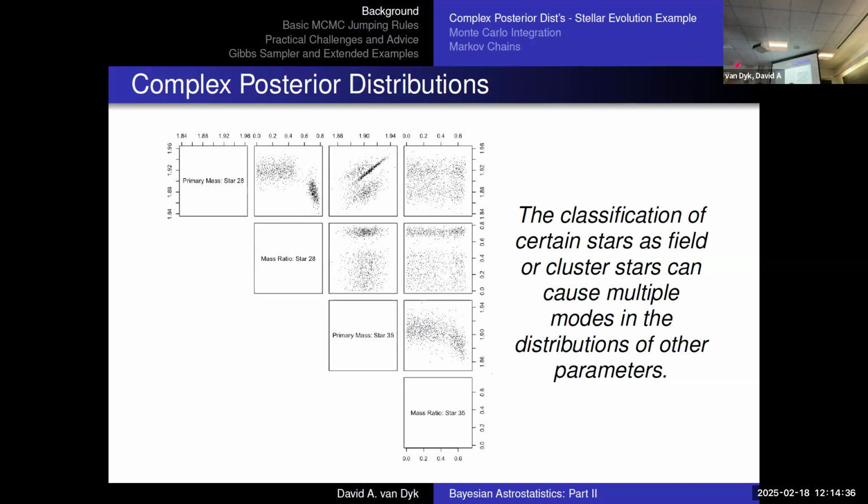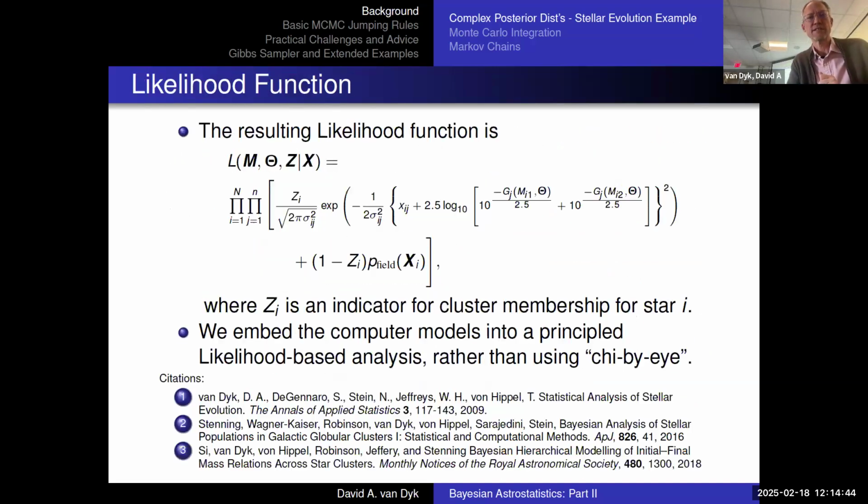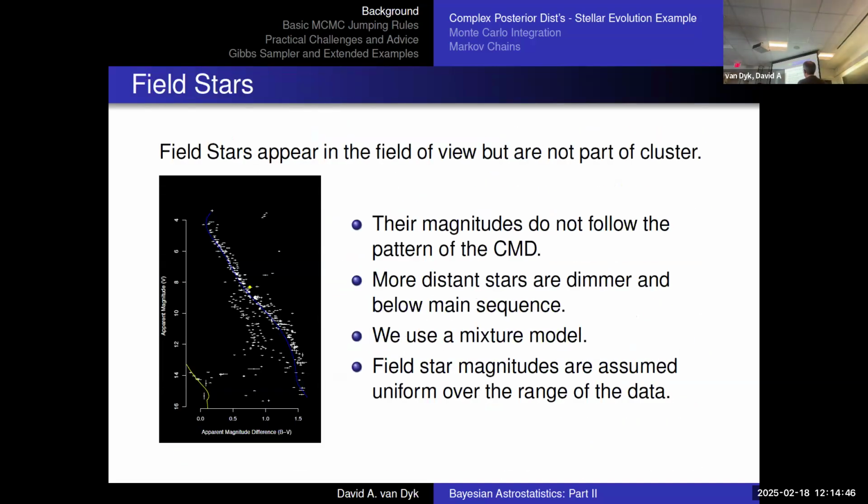If you trace it back, what you find out is, in some cases, there will be a star, if you go, maybe I can go back to this picture. Some of these stars are quite clearly background stars. But there's other stars that are close enough that they might be background or they might be cluster stars.